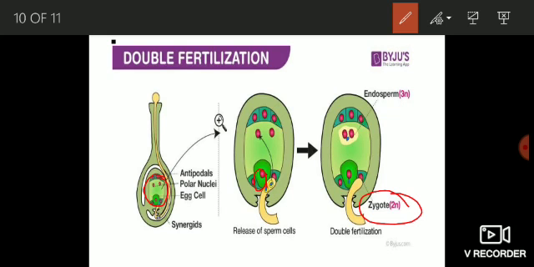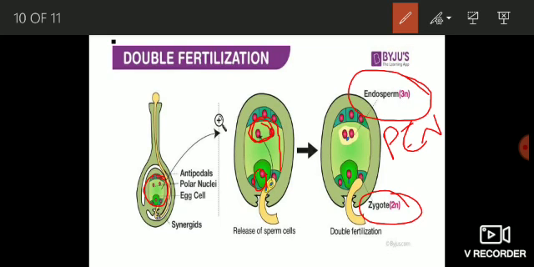And the other male gamete present in the pollen tube fuses with the secondary polar nuclei, or you can say the diploid secondary nucleus, and it results in the formation of a triploid nucleus, which is known as PEN, primary endosperm nucleus.